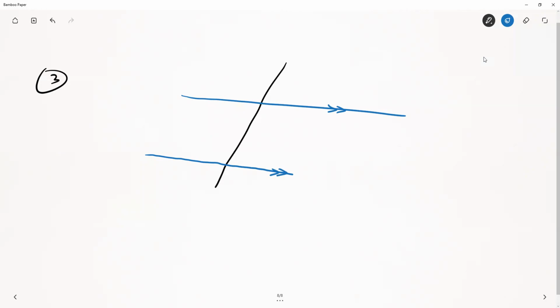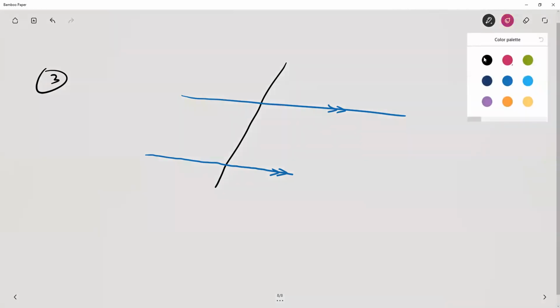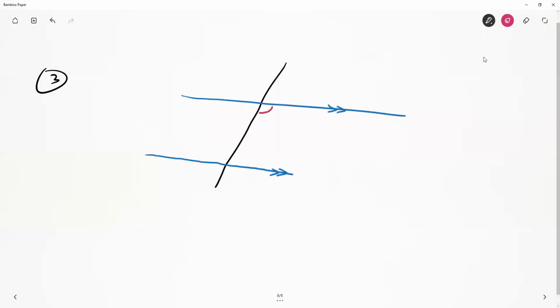And this is the symbol if you want to say they are parallel. Now, you see, when you use your protractor and try to measure some angles in it, we have something like here inside and also another one here.